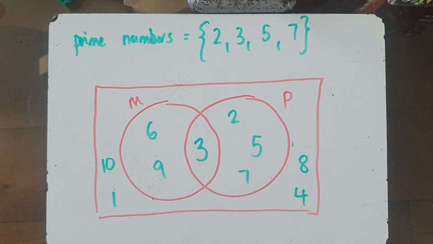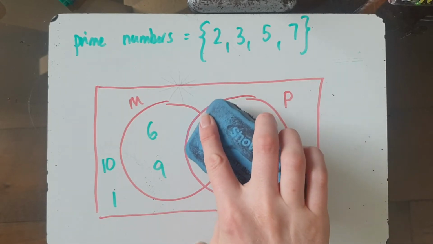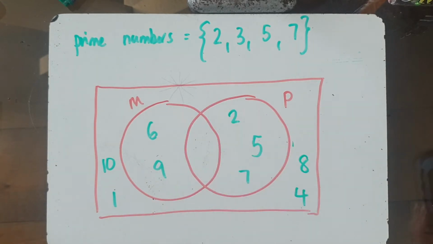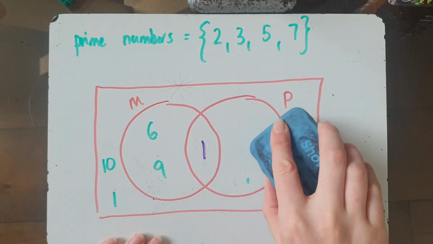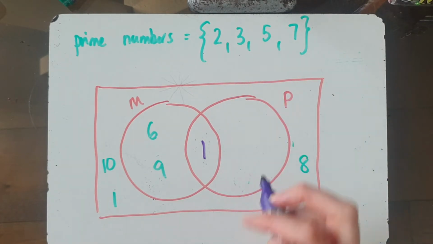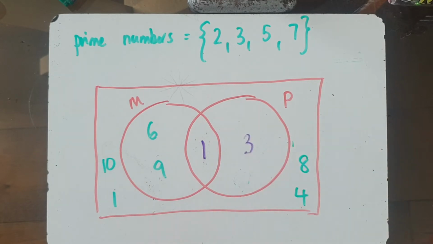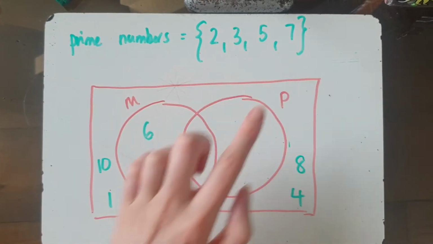However, what you can also do is instead of writing the elements out, you can just write how many there are. So in the multiples and primes section, I could say there's only one number that is both. In the primes section, I could say there are 3 numbers that are prime, so 2, 5, and 7.